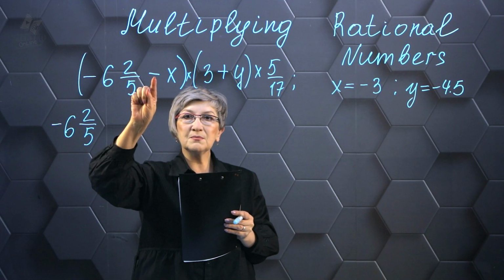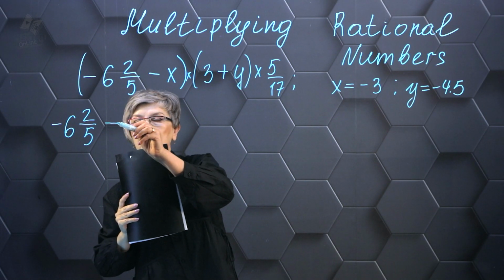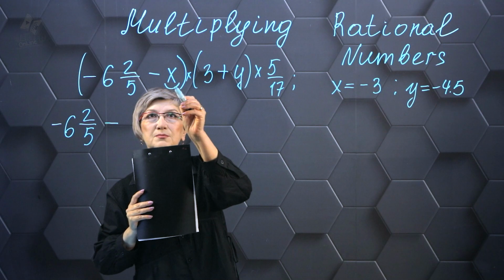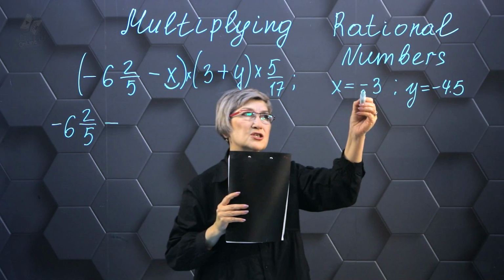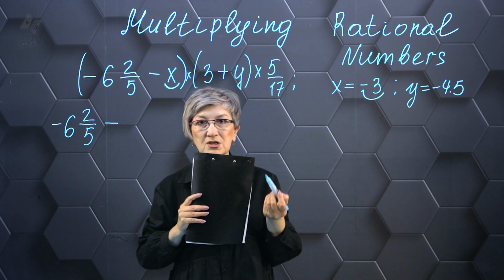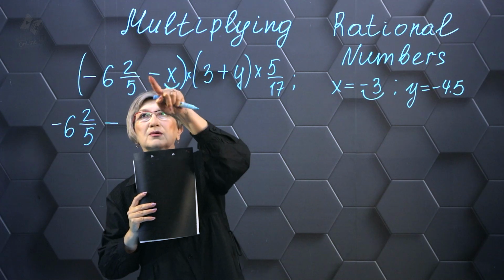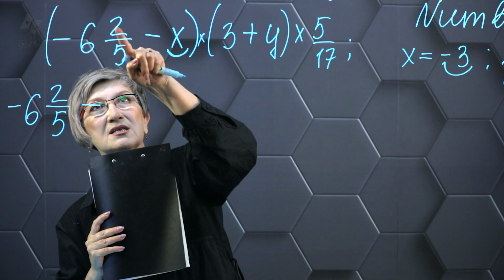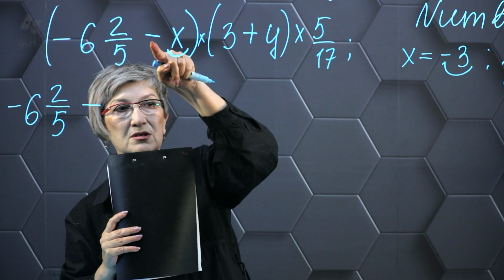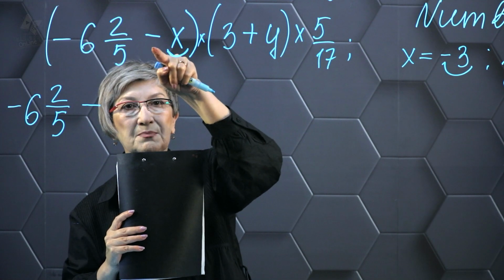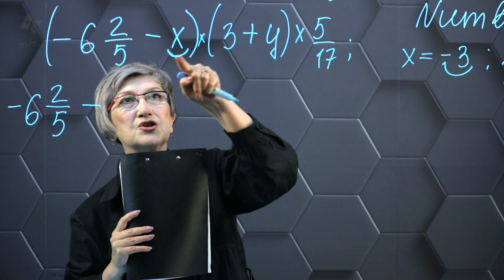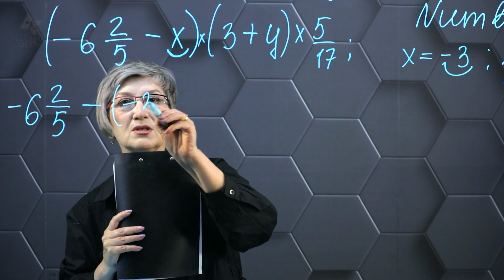Then comes the minus sign. I write it down, and instead of x, I have to write the number minus 3. So, minus 6.25, minus, because that's what's written in the condition. And the number x is minus 3.